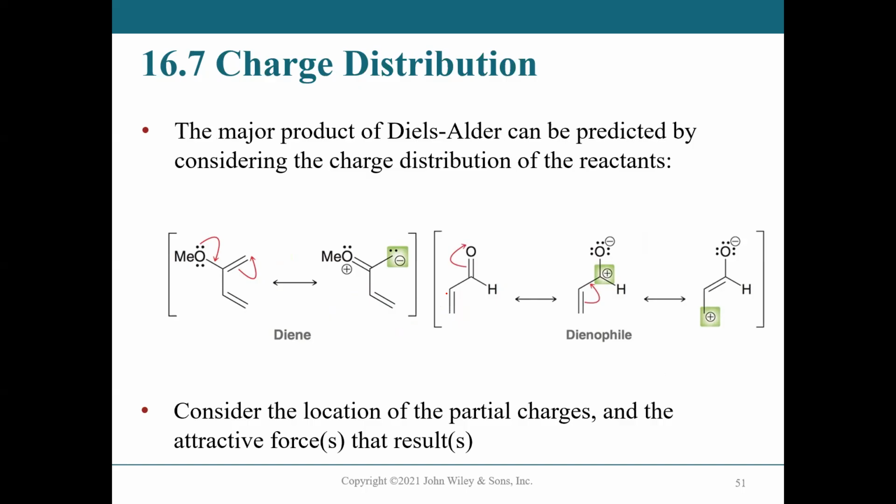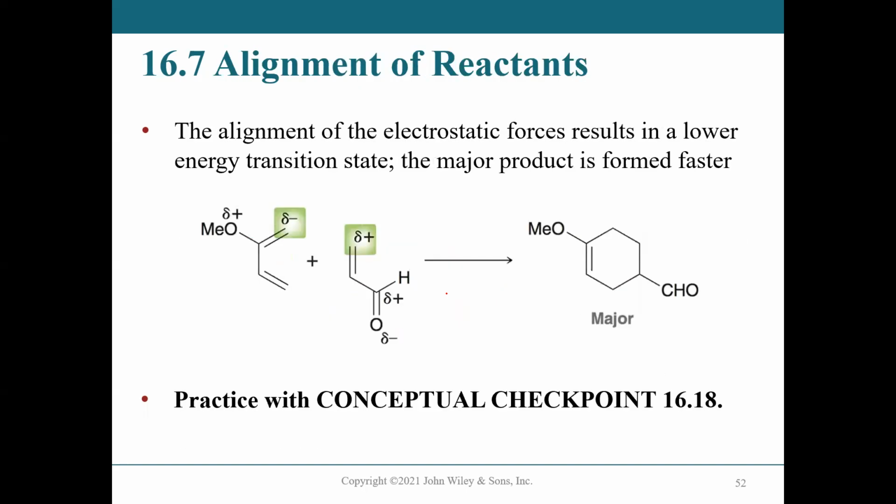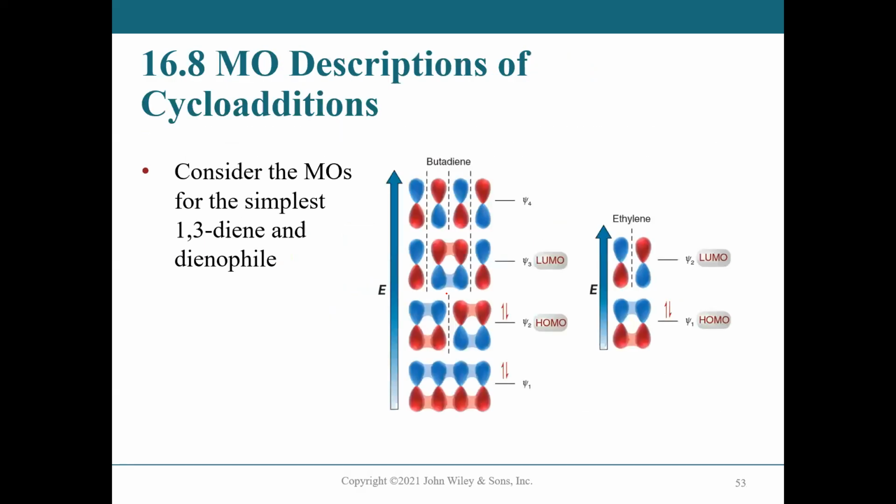So just saying, consider the location of the partial charges, the alignment. It says consider that. Here we're going back to the molecular orbitals, where we have the more stable one.